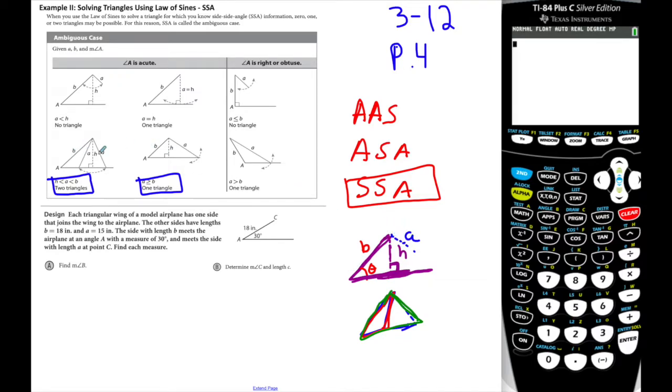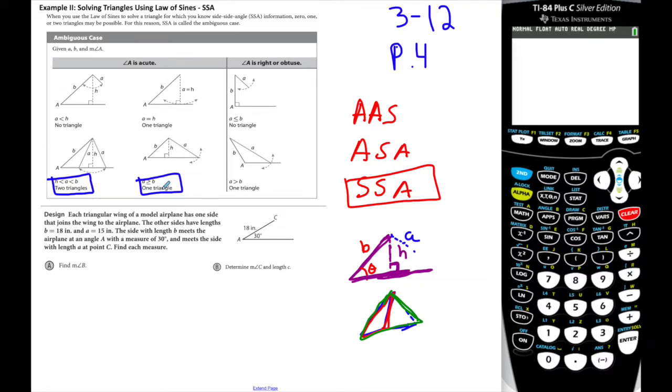The reason this is happening is because A is more than H, so it's hitting the last line, but it's less than B, so we could have it snap back or snap forward, and that would give us two different options. But when A is more than B, there's no way for A to snap back over here. It's not going to form a legitimate triangle there, okay? So that's only going to give us one triangle. So that's when A is acute.